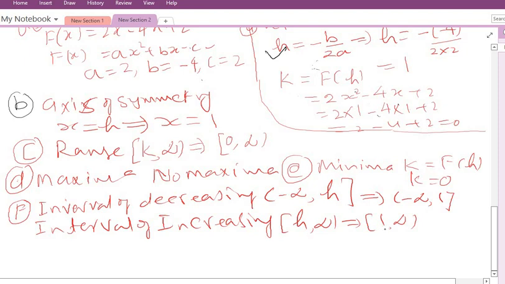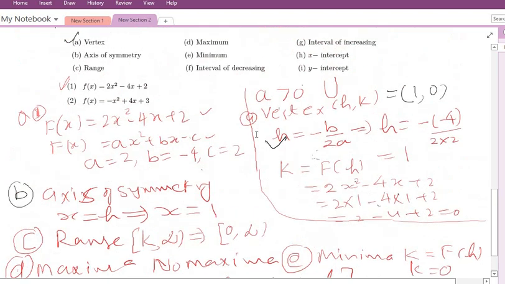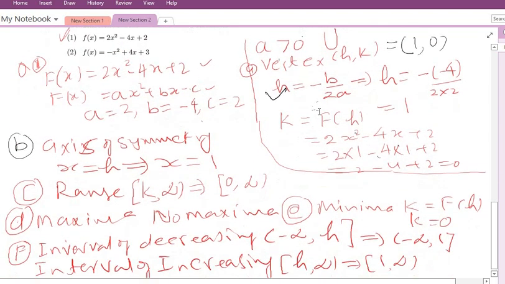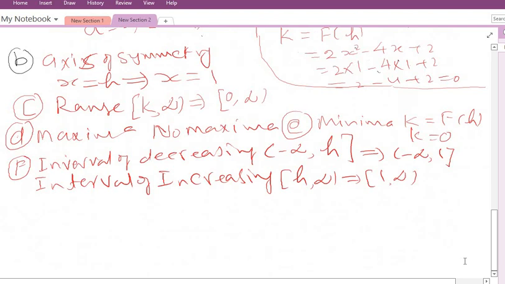Now what he is asking: x intercept and y intercept. X intercept means where the graph touches the x axis. When you want to know the x intercept, put y equal to 0 in the given equation.